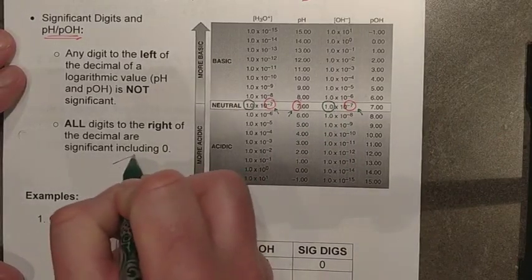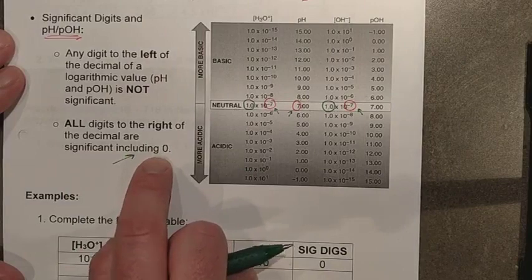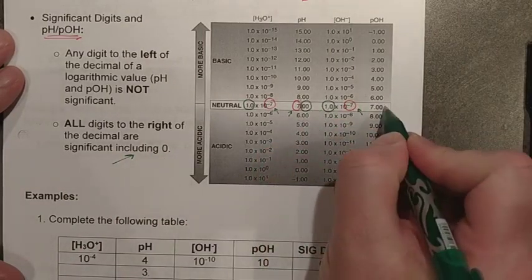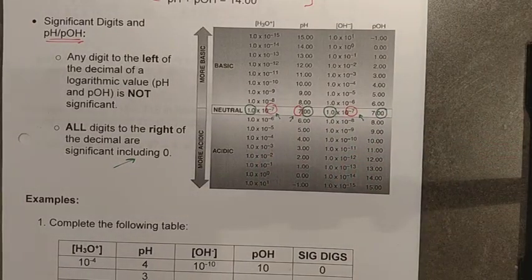So, if numbers to the right of the decimal place are the significant digits in pH and pOH values, then there should be 2 points after the decimal for pH and pOH. Okay, I hope that refreshes your memory on where those sig-dig rules come from.